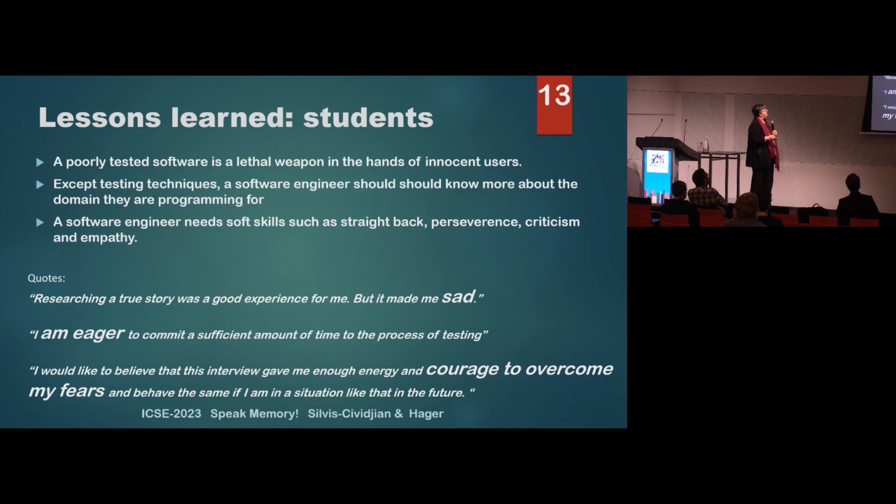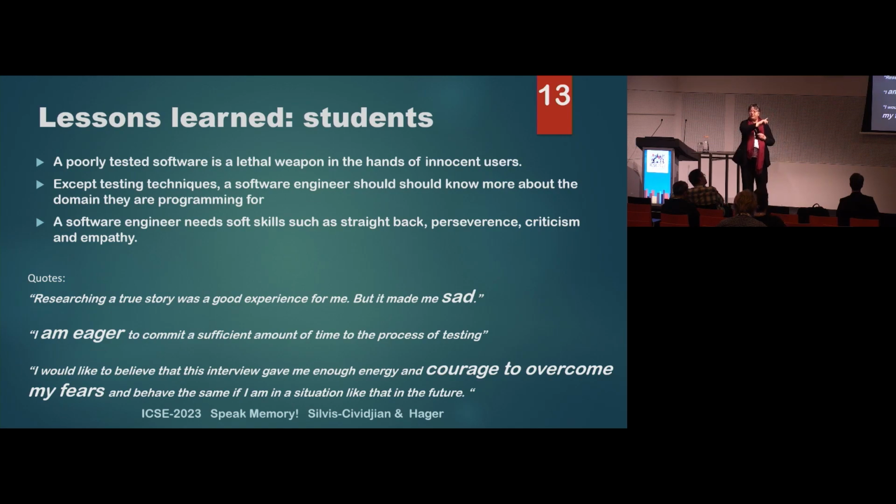Of course, I think the most important thing they discovered is that by making software, in fact, you put a little weapon in the hands of innocent people. And this is something that they should remember, that it's not important only to make software that is functionally correct. The software should be safe, because if it misbehaves, other people will suffer all their lives. First, that they will die.